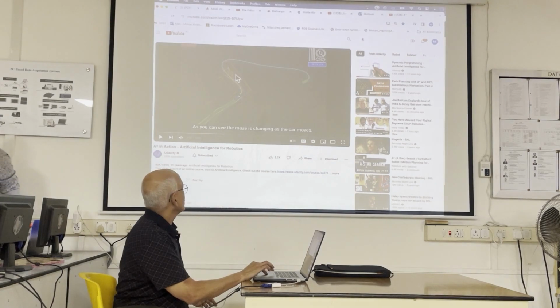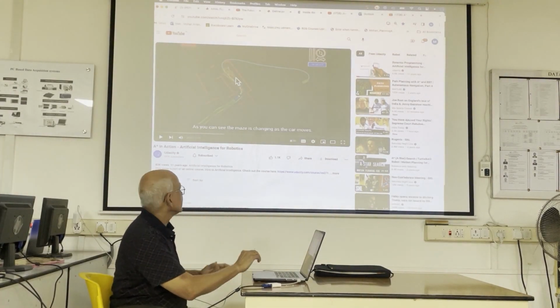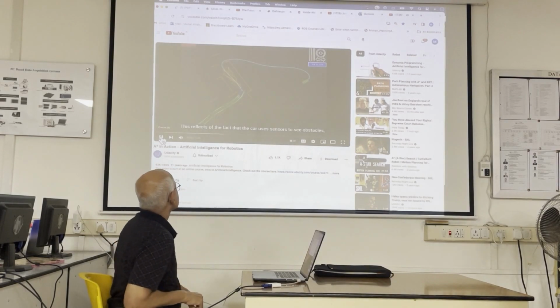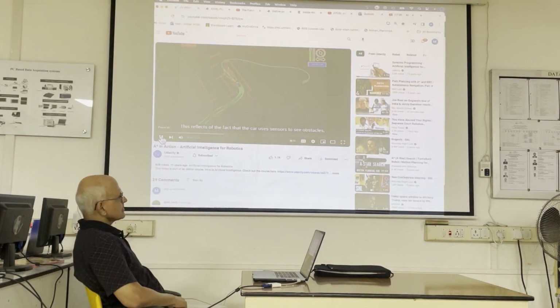And then as a wall shows up, the path will change. So the blue is the projected path. This we have already covered, right? Blue is the projected path. And that blue line will be constantly shifting and changing in terms of its confidence. As the car moves, it reflects this effect. The car uses sensors to see obstacles. And sometimes it's going to be blocked right now.